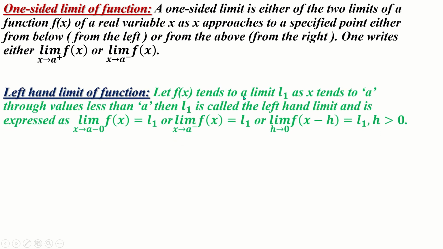Left hand limit of function: we have a limit L1 as x tends to a, same definition, for values less than a. Then L1 is called the left hand limit and is expressed as limit x tends to a minus f of x is equal to L1, or x tends to a to the power minus f of x is equal to L1, or we can use a constant here, that means a minus h with h tends to 0, which is also equal to L1, where h is a positive quantity.